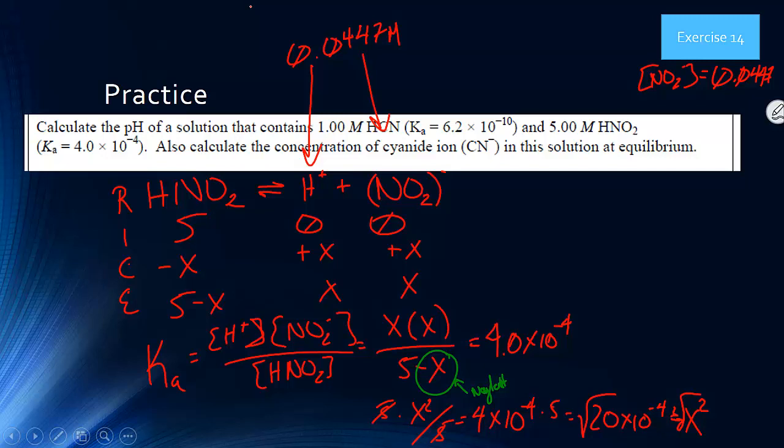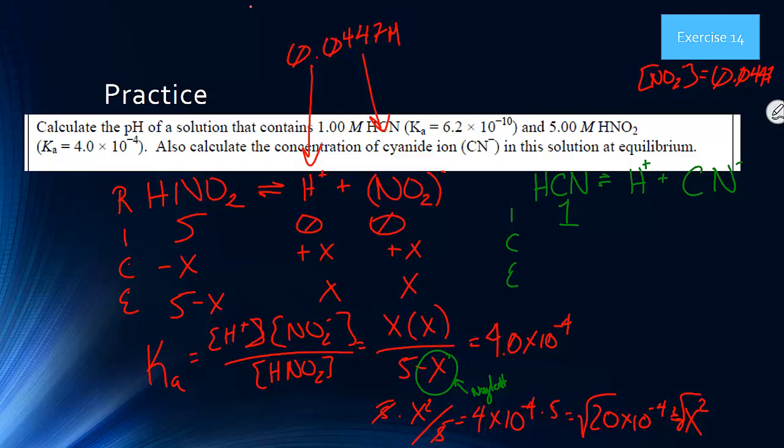Let's press on. Now this happens at the same time that the hydrocyanic acid is dissociating. Hydrocyanic acid is going to dissociate into hydrogen ions and the cyanide anion, which has an initial concentration of 1. However, here's where it's different.